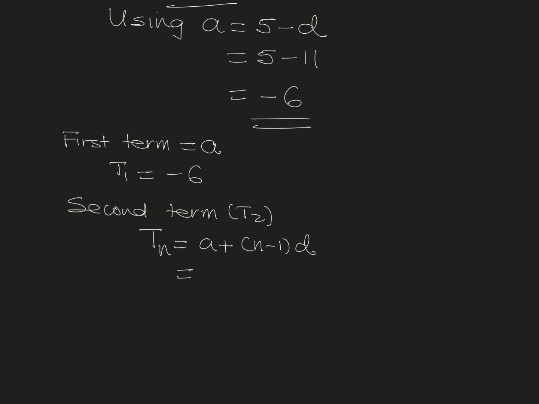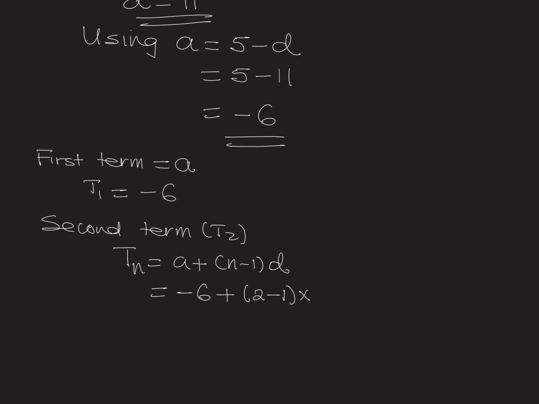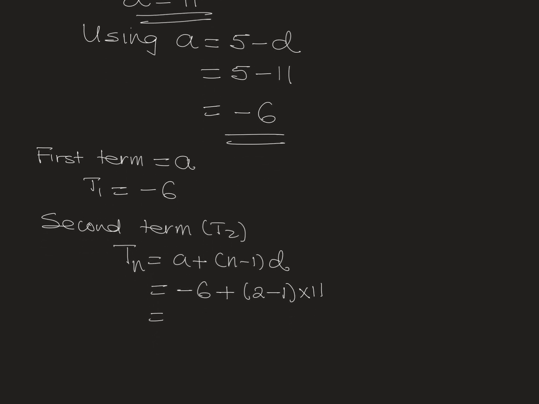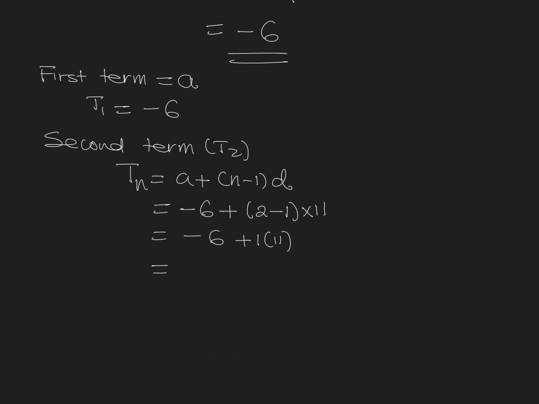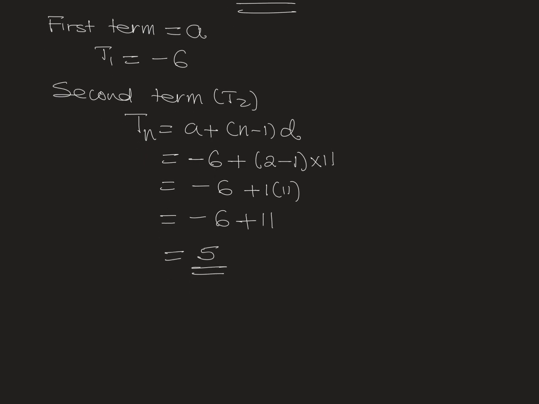So that will be minus 6 plus, N here will be 2 because we are finding the second term, minus 1 times the difference of 11. So that will be minus 6 plus 1 times 11, because 2 minus 1 is 1. That will be minus 6 plus 11, which is 5. So the second term is 5.